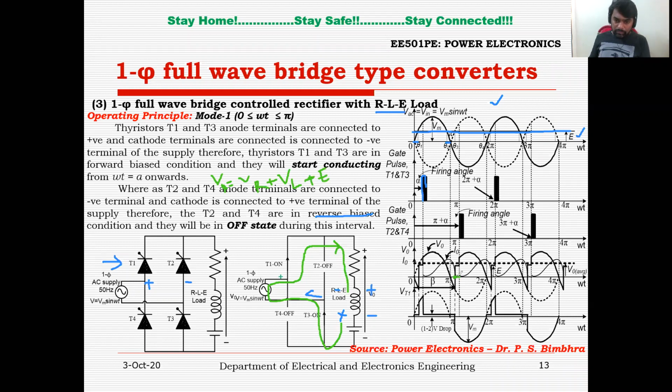So during this small portion, you can see 0 output current. If the output current equals 0, VR will be 0, VL will be 0, and V naught will be equal to E. That is what you can see. The output voltage has the battery voltage, even though the output current equals 0, right? So this is about the positive half cycle.